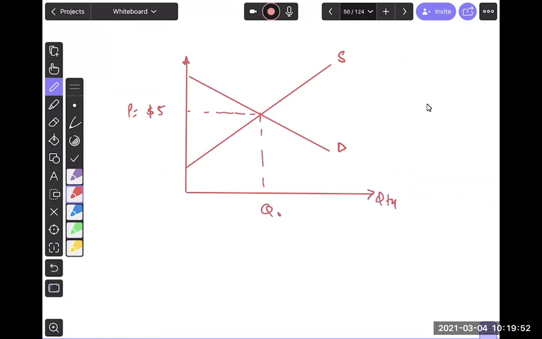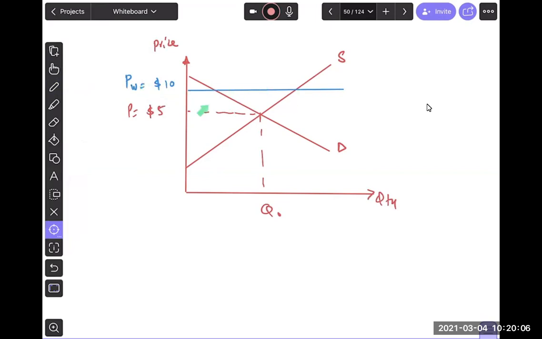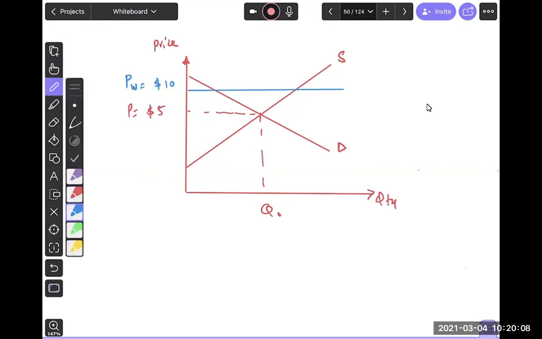What if I tell you guys that the world price is not $5, but the world price is, for example, $10. Now, why do we have a world supply curve perfectly elastic? First, I want to explain the idea.